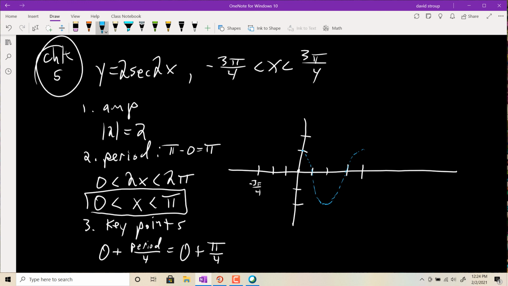And then continuing on in the other direction, key points at pi over 4. So if you wanted to, key point, key point, key point. Maybe that's a little safer to do it that way. Key point, key point, key point. Okay. Get the asymptotes. So the asymptotes, again, are the places where the function hits the x-axis.